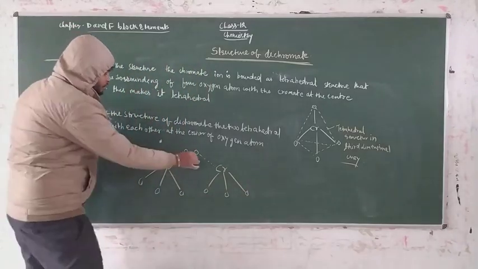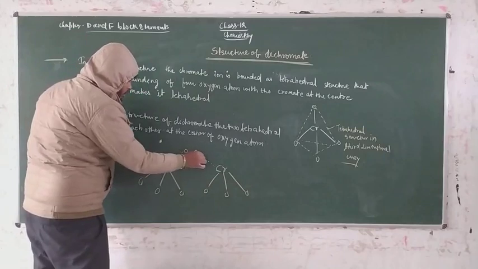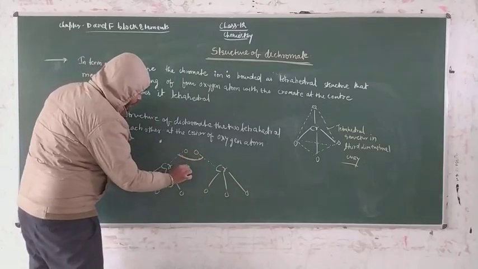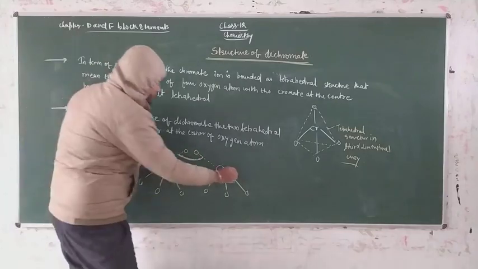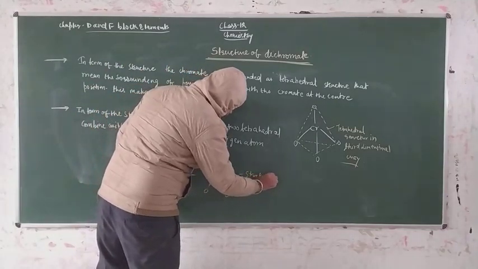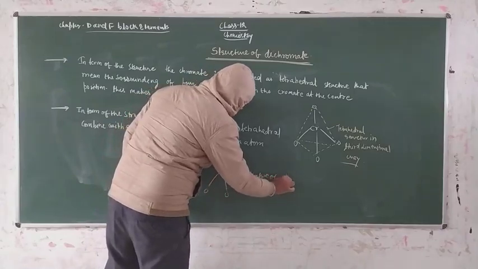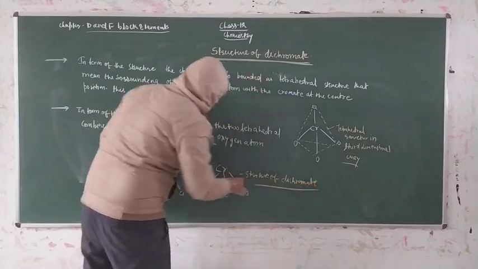The bond angle of this corner oxygen is about 130 degrees. This is the representation, this is a structure of dichromate. So draw this.